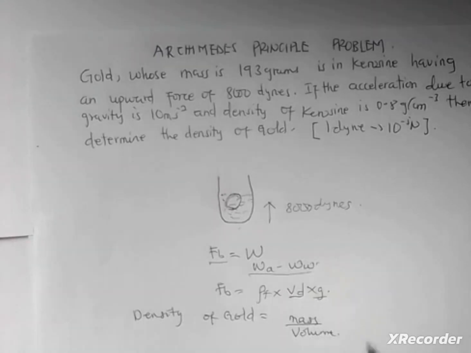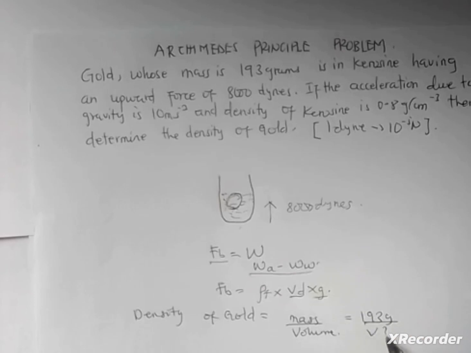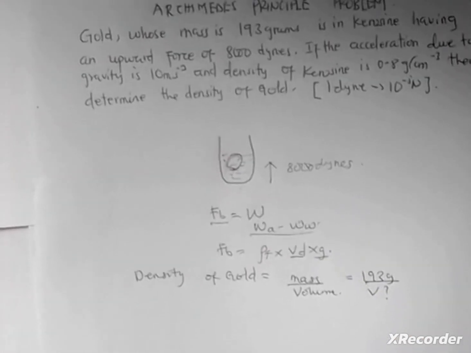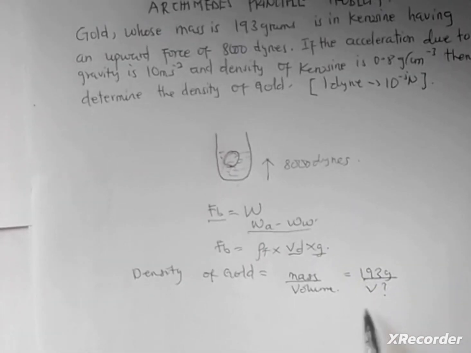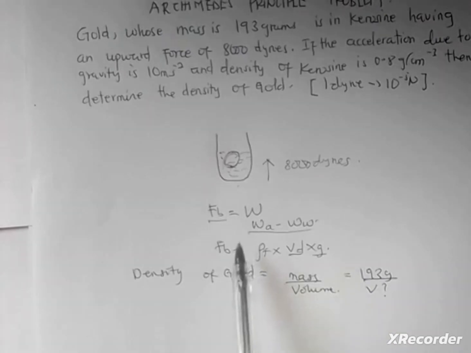I already have the mass from the question, which is 193 grams. The volume, I don't know, so I need a volume. And remember that every body displaces its own volume in the fluid. So the volume displaced here is actually equal to the volume of the gold. That is the application of Archimedes principle here.